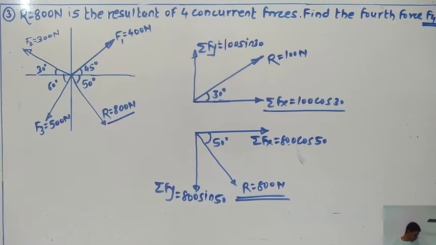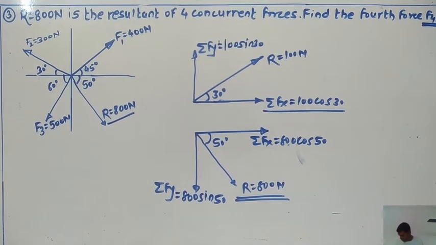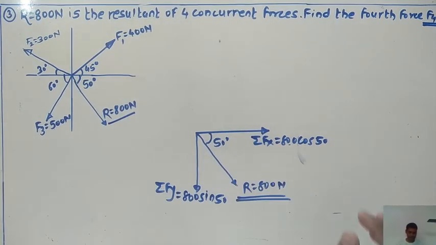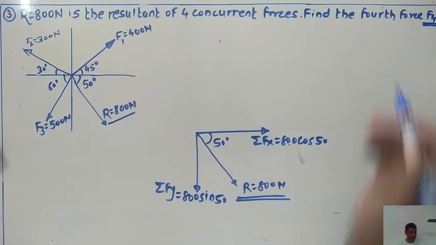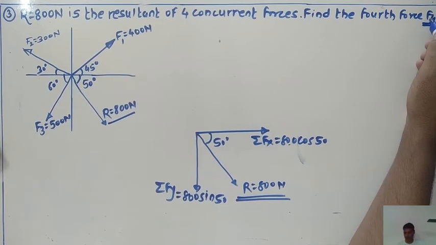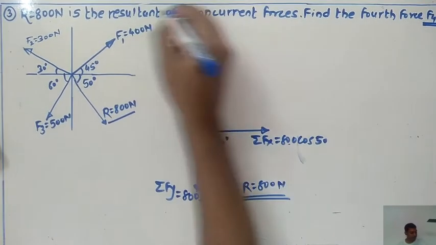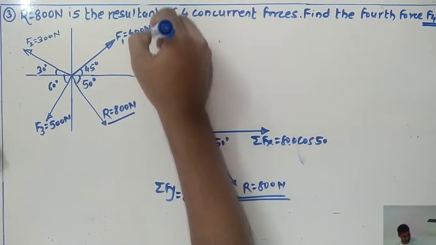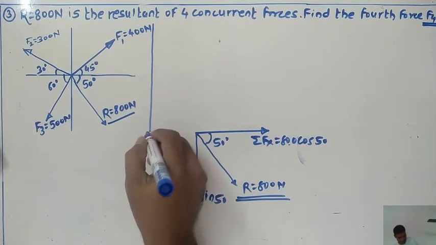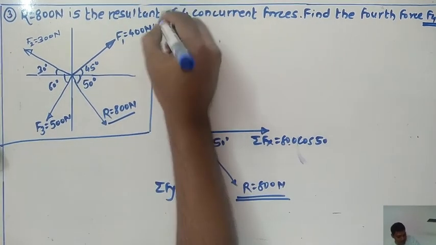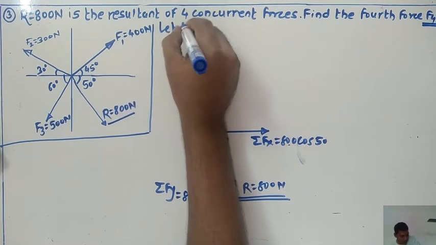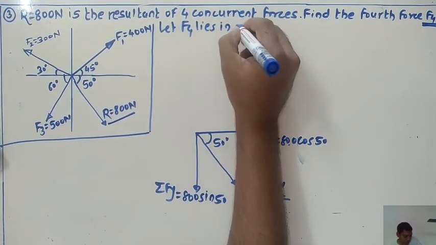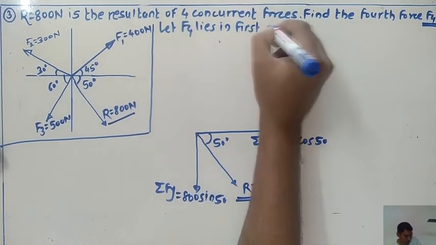I'll erase this portion so that I can start the problem. So here let us assume that the fourth force, this one F4, lies in the first quadrant. According to that, I'll start our answer. Let F4 lie in the first quadrant.